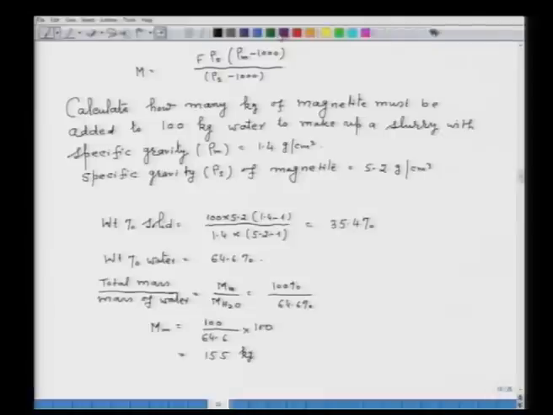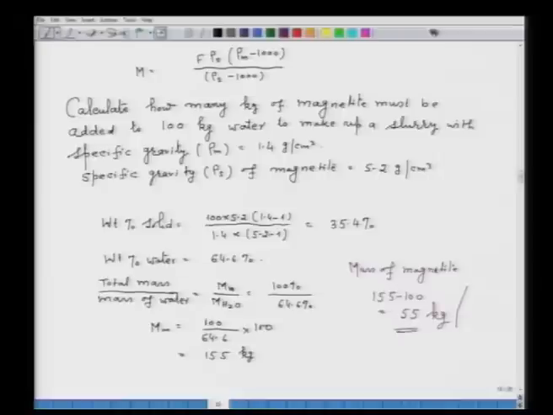So, from here the mass of magnetite will be equal to 155 minus 100, that is equal to 55 kg.